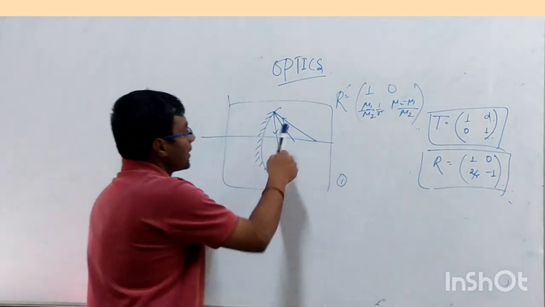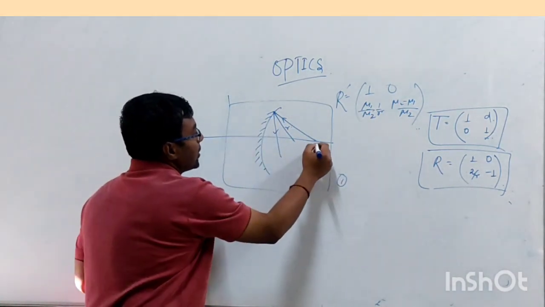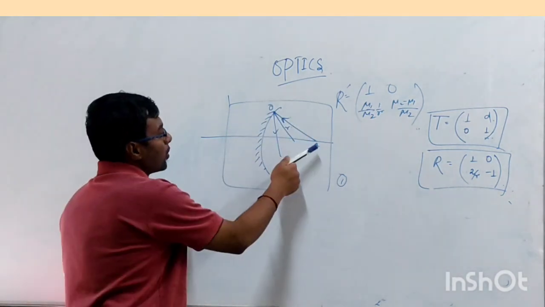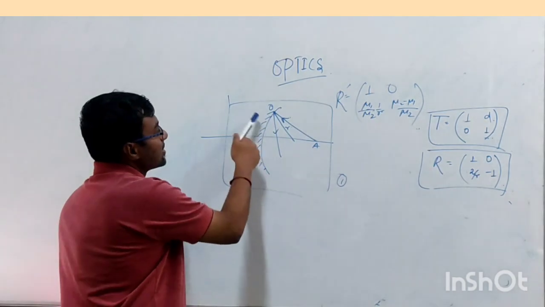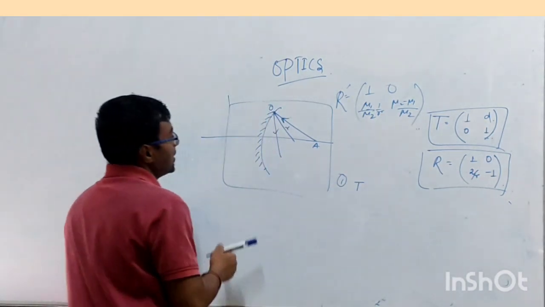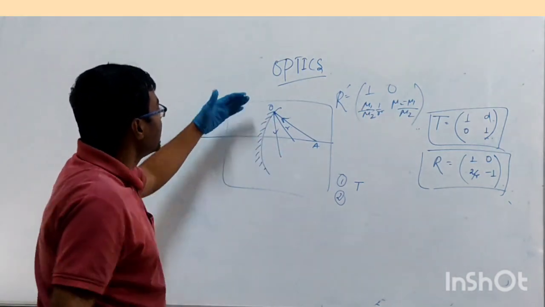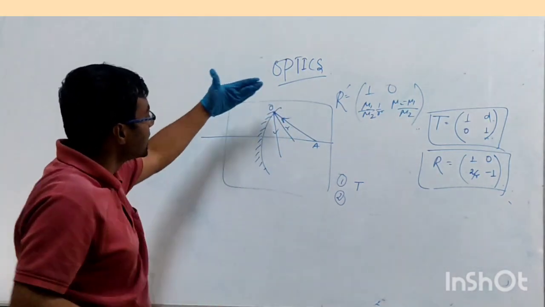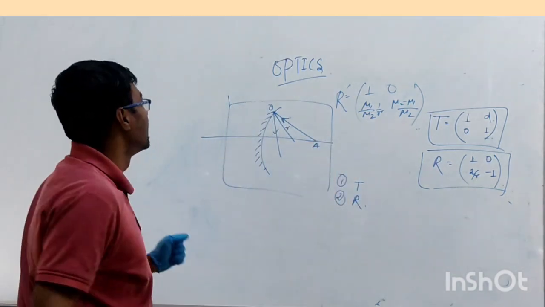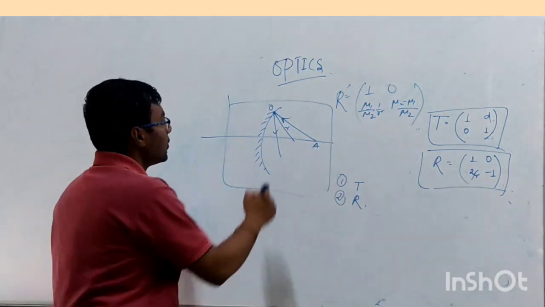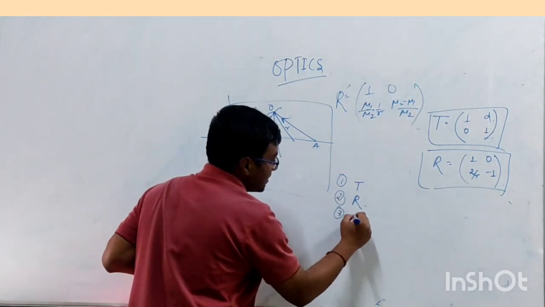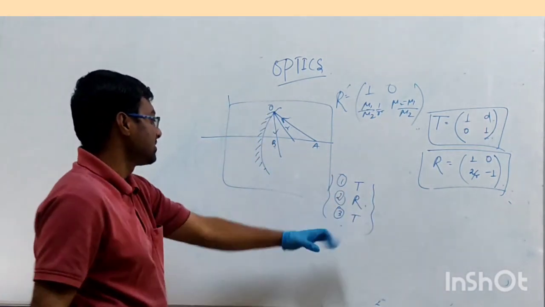One is, at first, this ray AO should go from A to point O. So that is one type of translation. And the second one is when it falls on point O, then reflection will happen. And third, after reflection, the ray will go along the OB path. So that is another translation. So three types of operations are there.